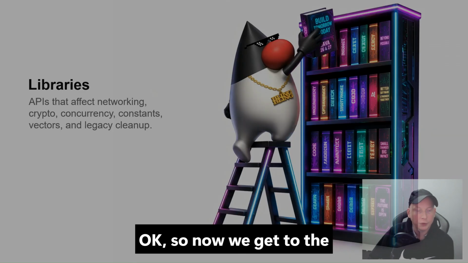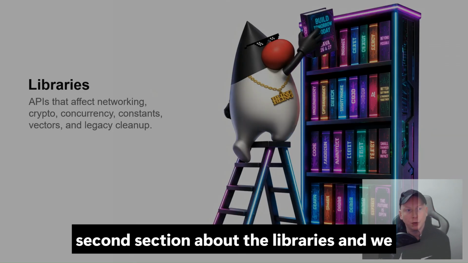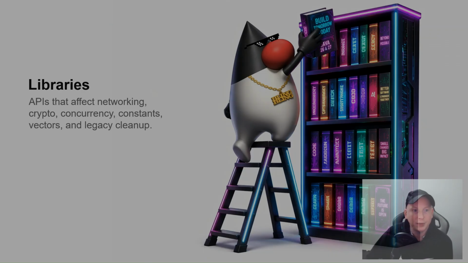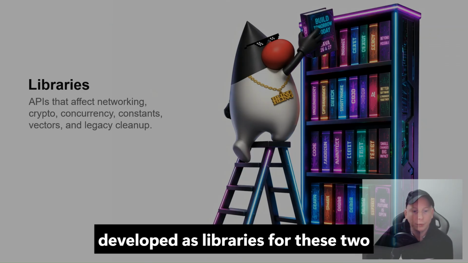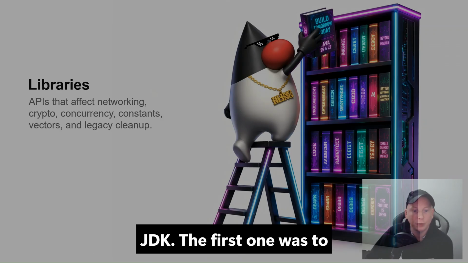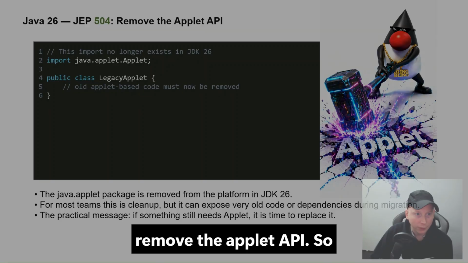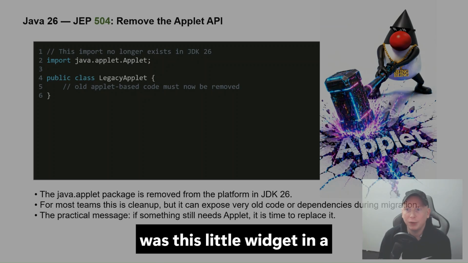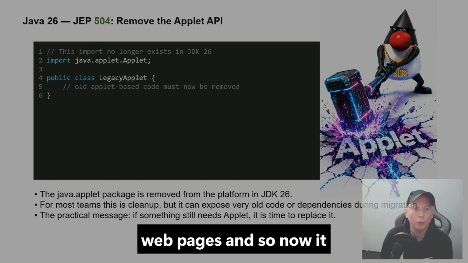Okay. So now we get to the second section about libraries, and we will talk about what is developed as libraries for these 2 JDKs. The first one was to remove the Applet API. You remember the applet, which was this little widget in web pages.